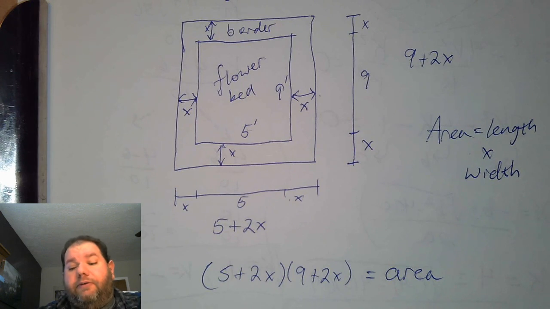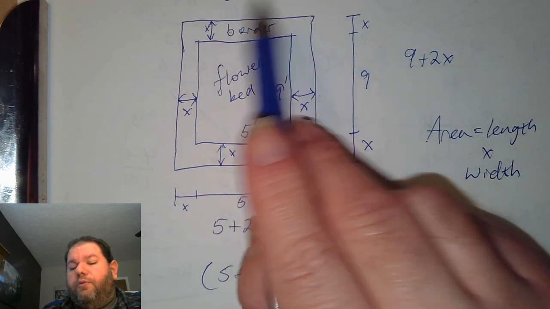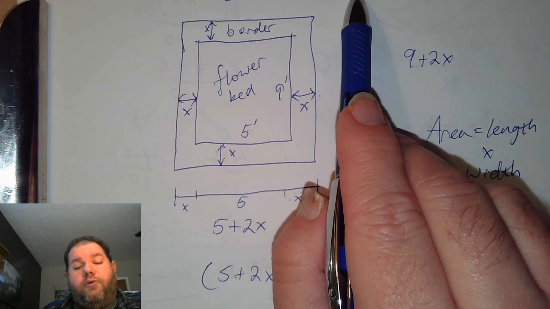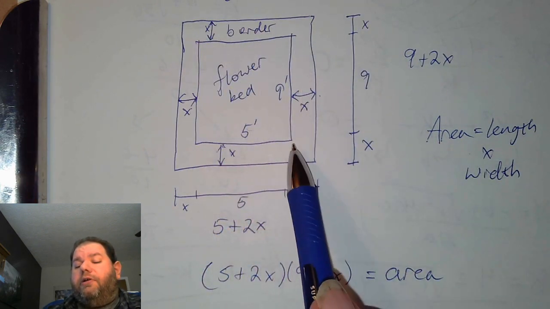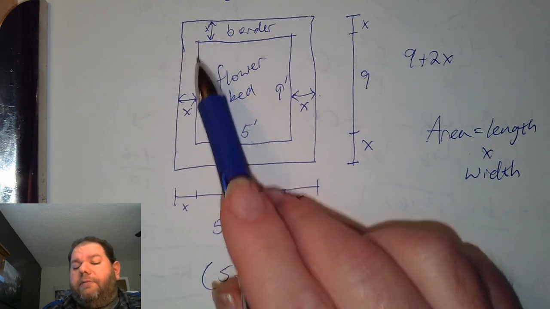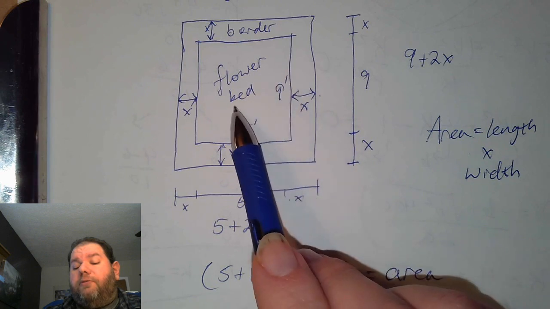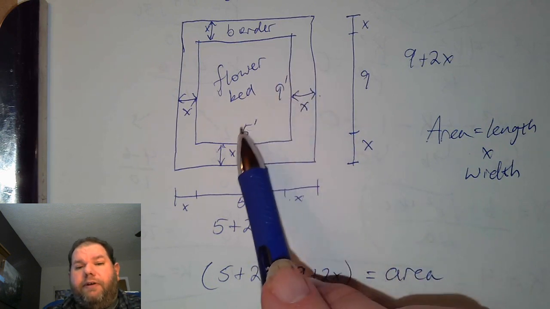Now, let's think about the total area of this enclosed flower bed. We know we have 24 square feet of border that we would like to use all of, so this entire outer part is 24 square feet. Now the inside part is our original flower bed, which is 9 times 5, that's 45 square feet.